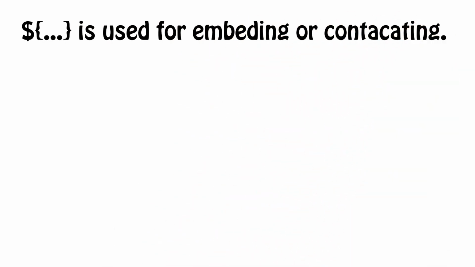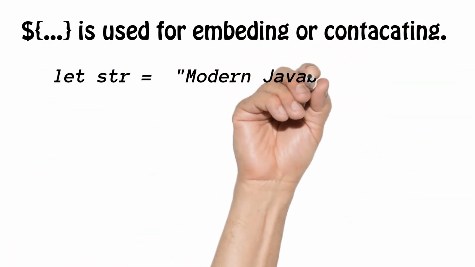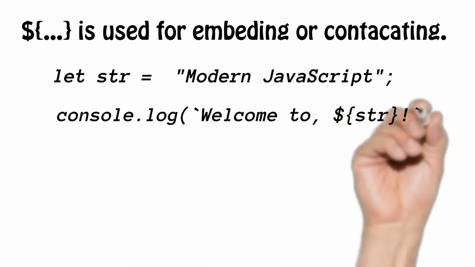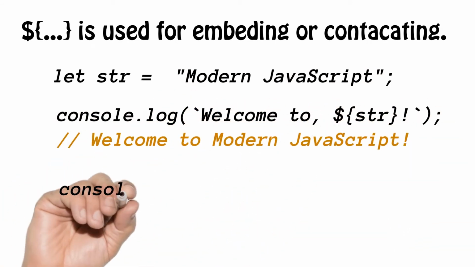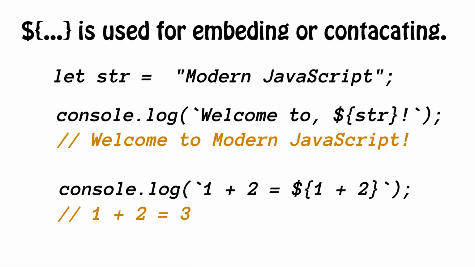We know it is possible with single quotes and double quotes also, but with backticks you don't need to break the strings to embed or concat values. You just need to add dollar, curly brackets, and your expression or values. That's it.